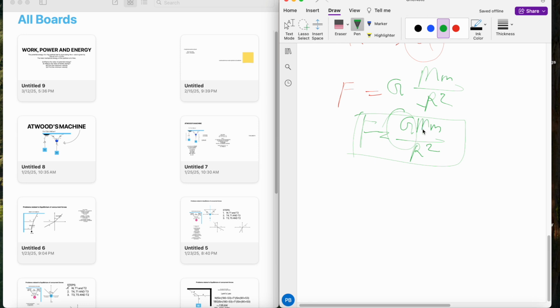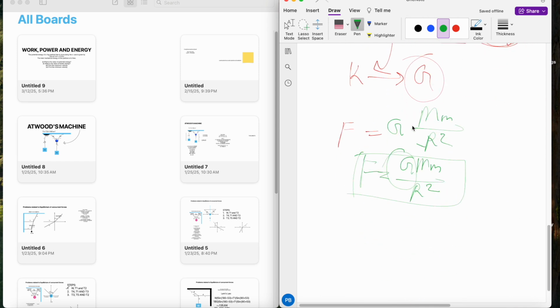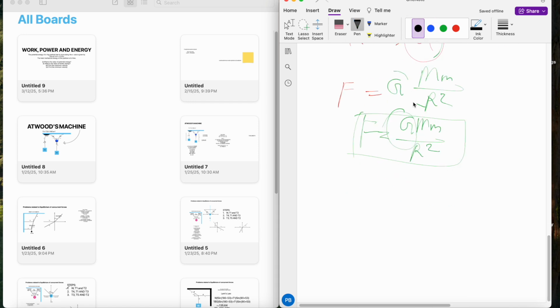It has a very important significance, and if this graviton wouldn't have been exchanged, this G wouldn't have been derived. This constant wouldn't have turned to G, and this G wouldn't have been here. So we got our first equation of the gravitational force. This is the gravitational force, right?